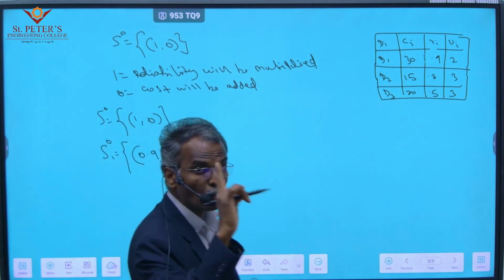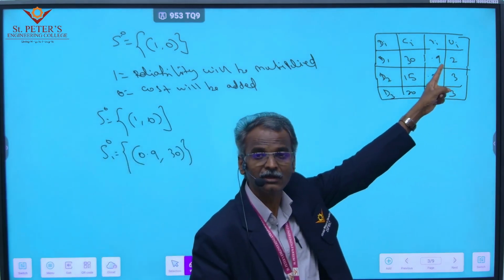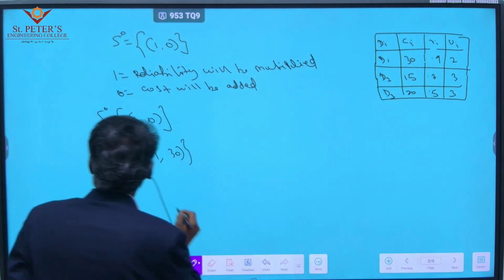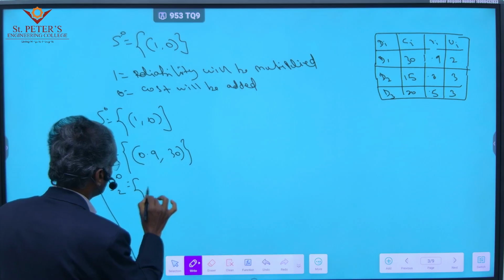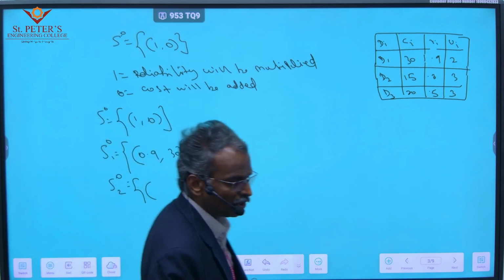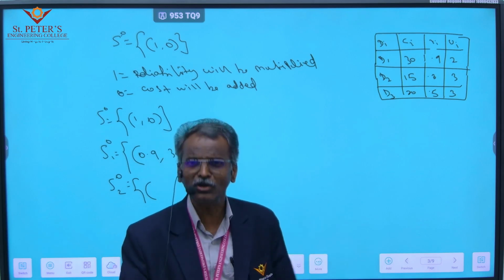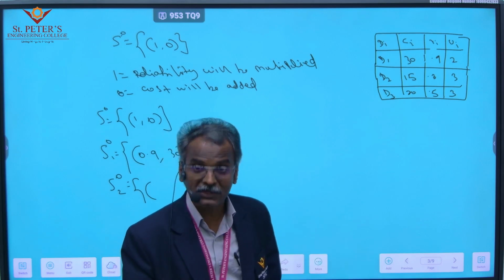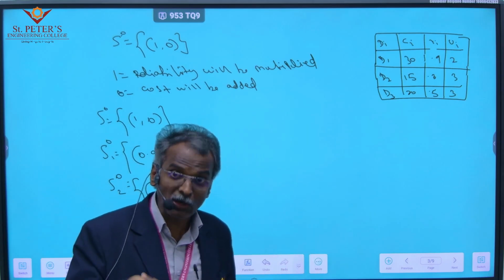For one device. How many copies do we have to consider? 2 copies. For one device the reliability ratio is 0.9. What about 2 copies? For 2 copies the reliability ratio has to be calculated again.